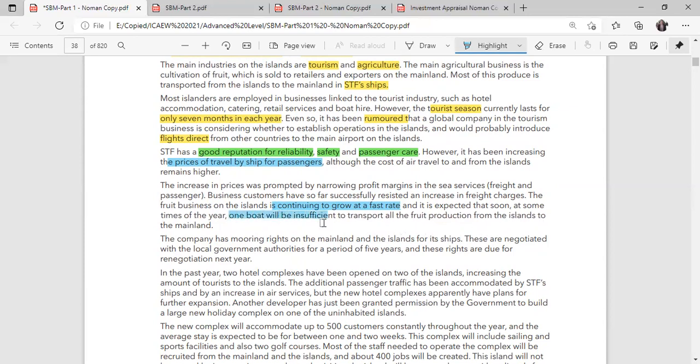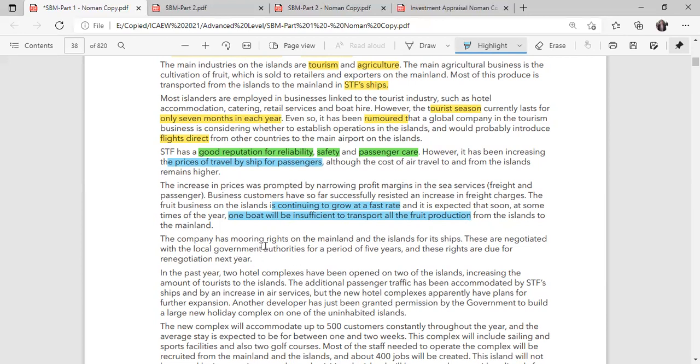So if you think one boat will be insufficient, it means there is an opportunity. STF should consider buying another boat, another ship basically, because our agriculture business is growing, our fruit business is growing, and demand is rising at a very good pace. So we should consider whether we should buy another boat and ship or what we have to do.